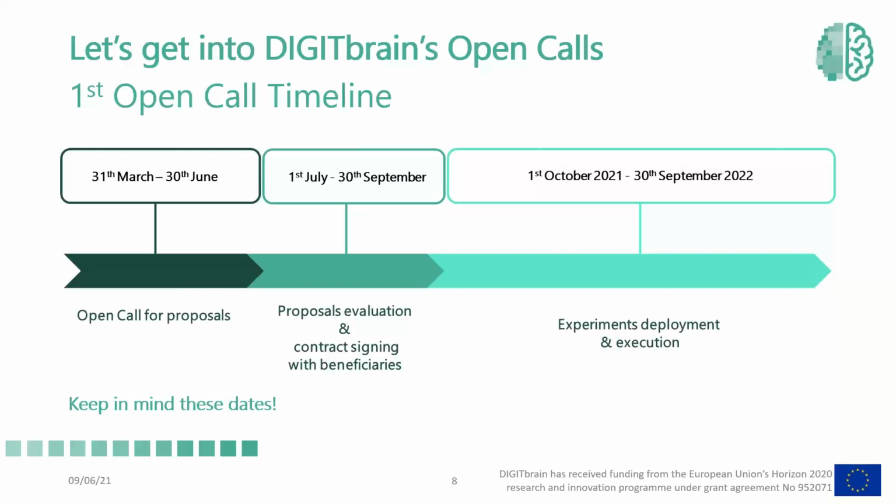So a final contract, triggering the experiment, will be signed between the applying consortia and the DigitBrain Cascade Funding Manager, CTA. So signatures are planned for September 2021. The experiments will be therefore triggered, and from there on they will start their execution phase and will run for 12 months in total, so until September 2022.